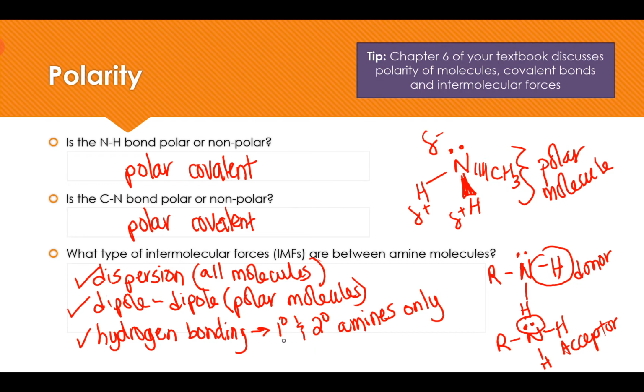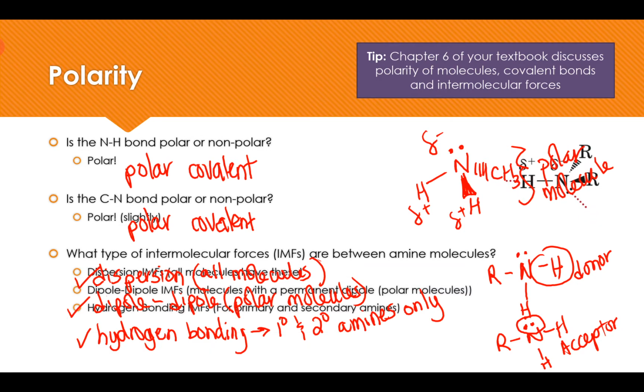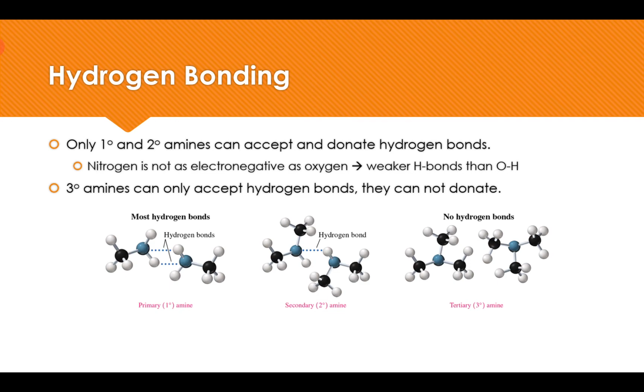So our tertiary amines are going to have dispersion and dipole-dipole, but not hydrogen bonding because they do not have a hydrogen available for donating. Here's a picture of that. So only primary and secondary amines have the ability to both donate and accept hydrogen bonding.